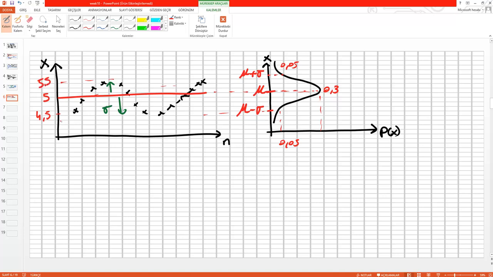The probability of the outcome 4.5 is equal to 0.05. Most likely we have the expected values in here. We don't know, but maybe it's the highest probability of these terms. We can say that for every change of 0.5, the probability changes by 0.05.